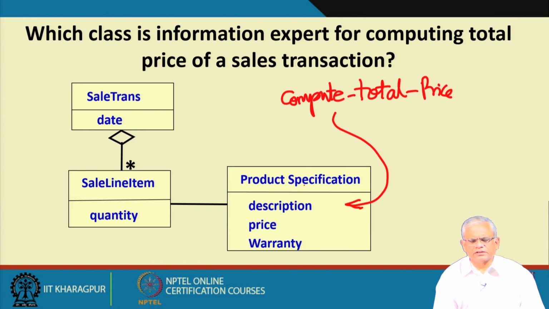But it also needs to find out all other items, and therefore it would have to communicate with the sale transaction, find out what exactly are the other line items, and then from the sale transaction it again has to communicate with the corresponding sale line item objects, and then compute the total price and then return.